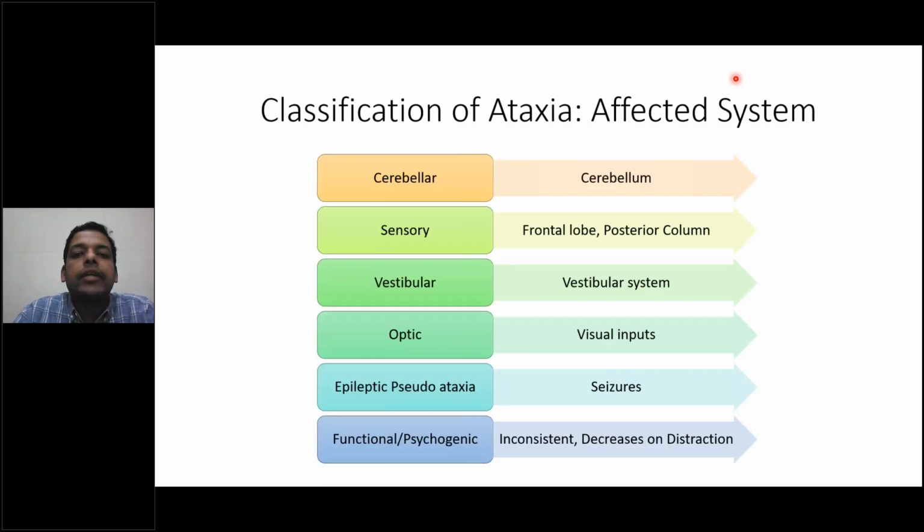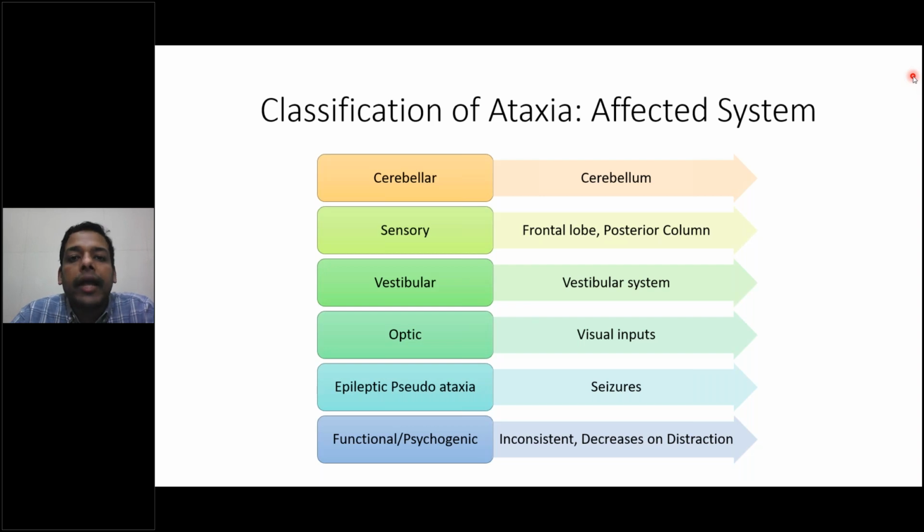So if it is a cerebellar defect, we call it a cerebellar ataxia. If there is a defect in the frontal lobe or the posterior columns, we refer to it as sensory ataxia. If it is a defect in the vestibular system, we refer to it as vestibular ataxia. Similarly, if the visual inputs are gone, that leads to optic ataxia.